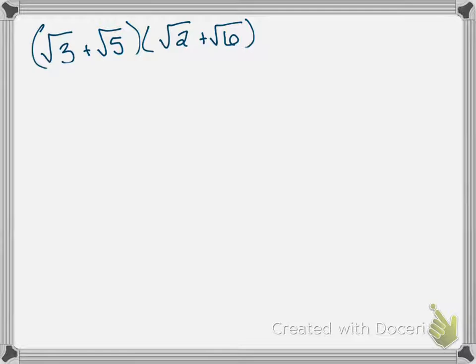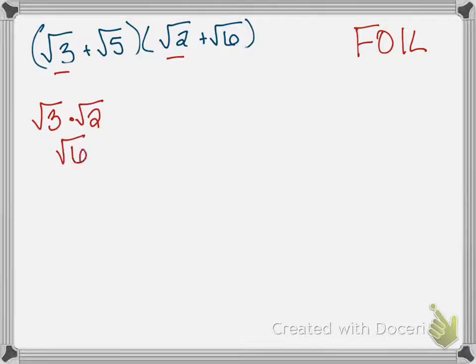One more thing with square roots. I have a binomial times a binomial. What do you think I do? FOIL. That is exactly right. I FOIL. So I have the square root of 3 times the square root of 2. That's the square root of 6.